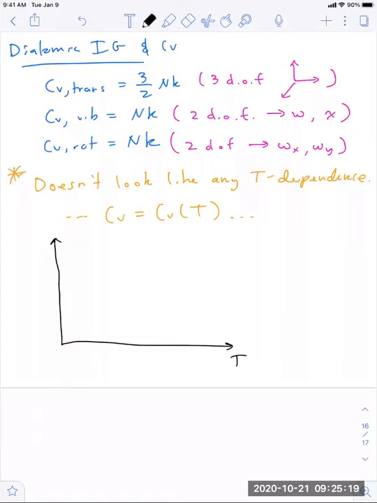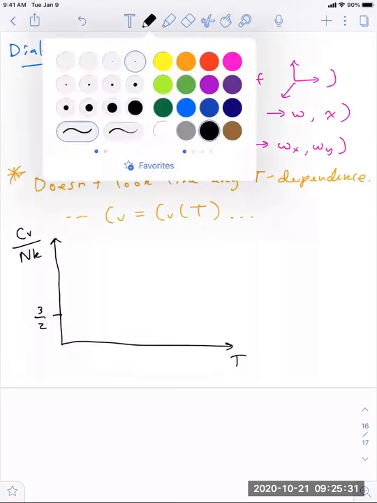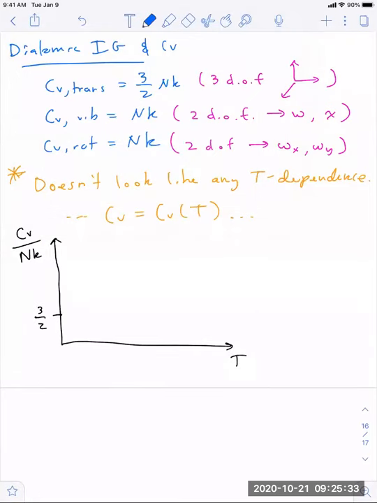So if I plot the temperature here, and then the heat capacity in units of 1 over nk, I pretty much always have translations. So my low temperature heat capacity might be 3/2 nk.